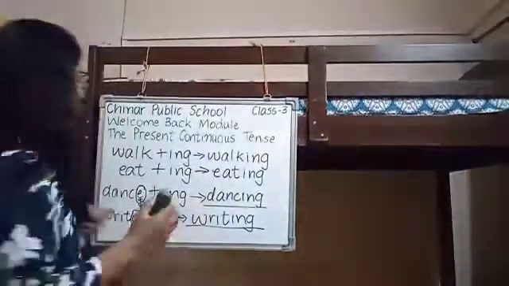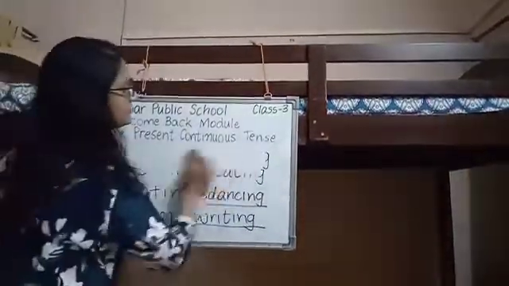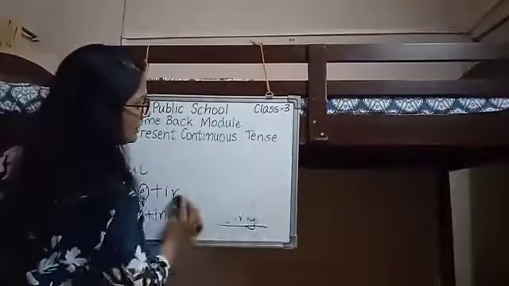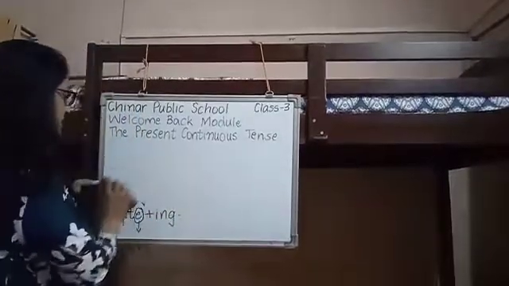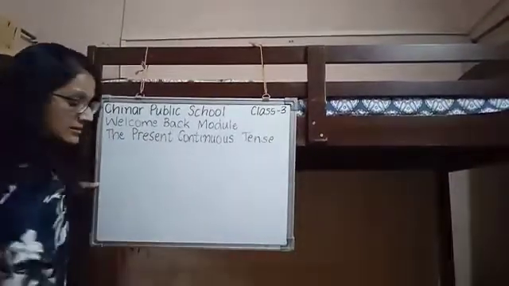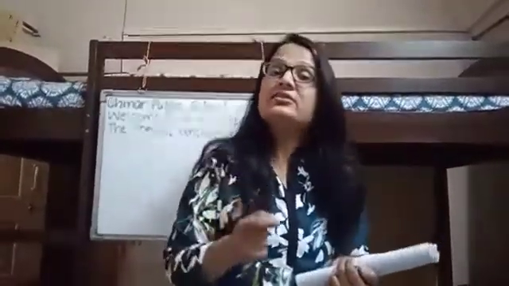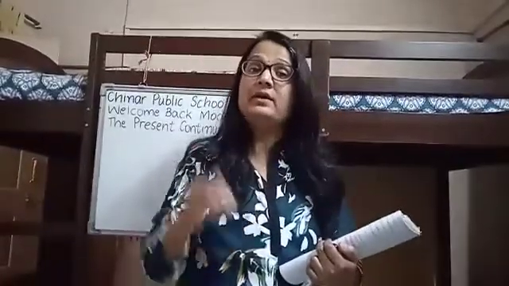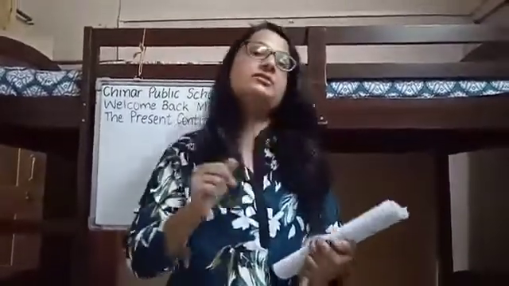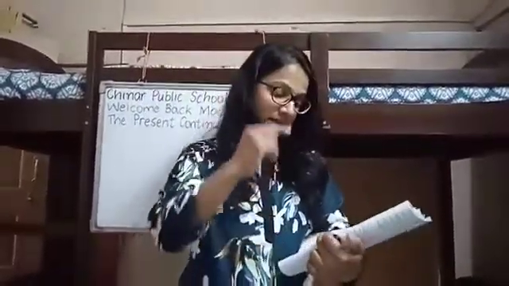One more thing which I told you in this chapter is that present continuous tense is not only used to tell us about the action that is happening right now. It can also tell us about actions which are going to happen in the future.